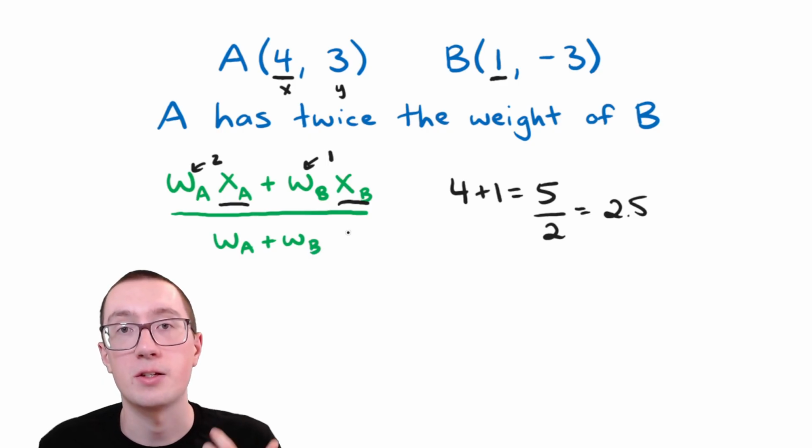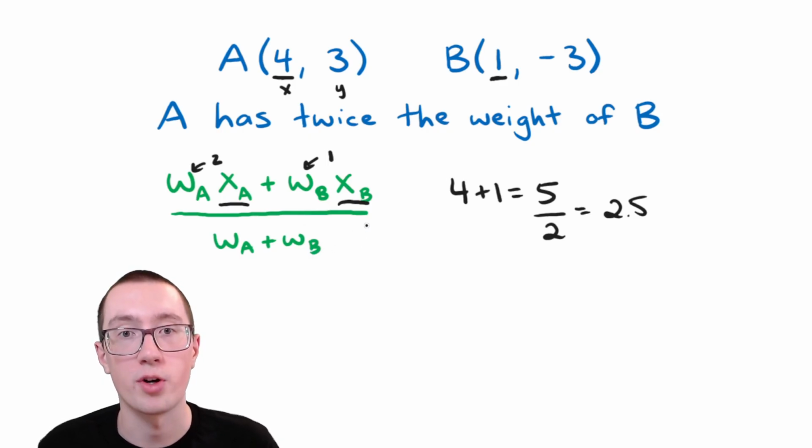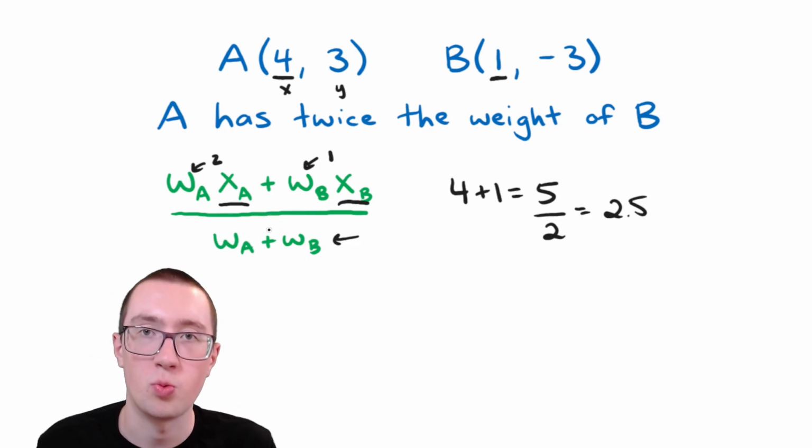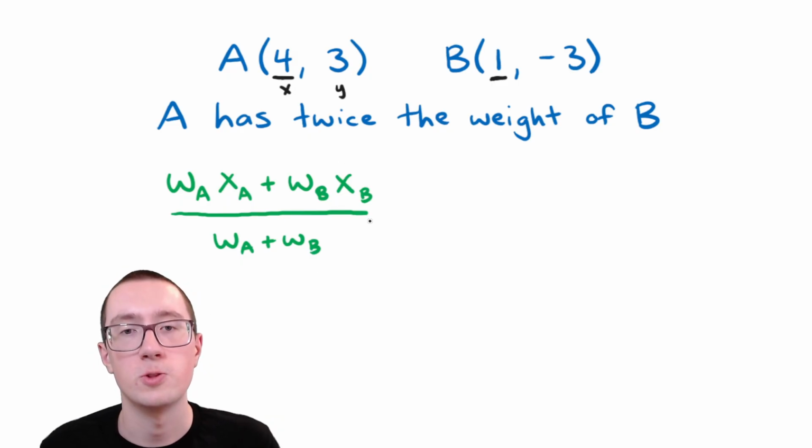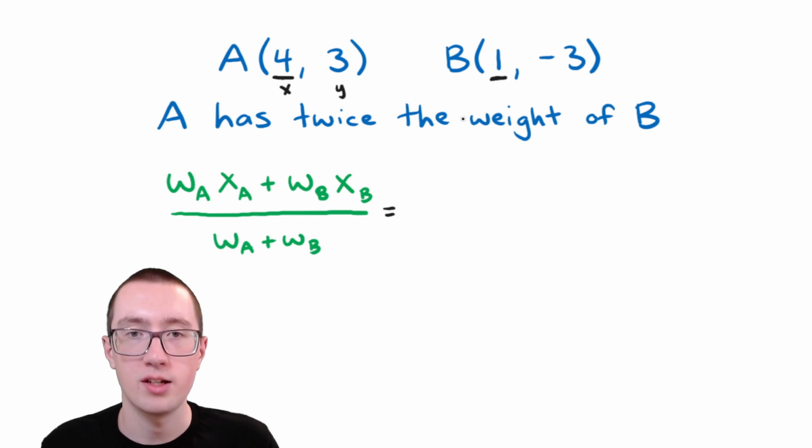And then at the end, instead of dividing by how many numbers there are, we're going to divide by the total weights. So in this case, that would be 2 plus 1, which is 3, because A has 2 weight and B has 1. So let's go ahead and do that with the X points here. First, let's take the weight of A, which is 2, because A has twice the weight, and we're multiplying 2 by the X of A, which is 4.